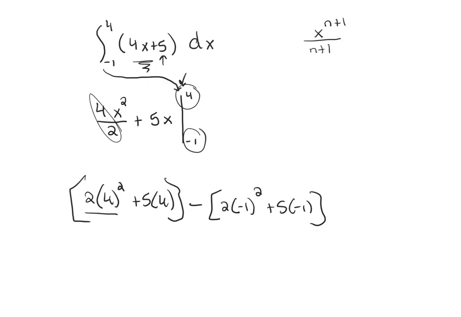So here, 16 times 2, that's 32, and then I have 20, so 52 minus, okay, this goes to +1 times 2, and then minus 5, so this is -3, and 52 minus -3 is 55.